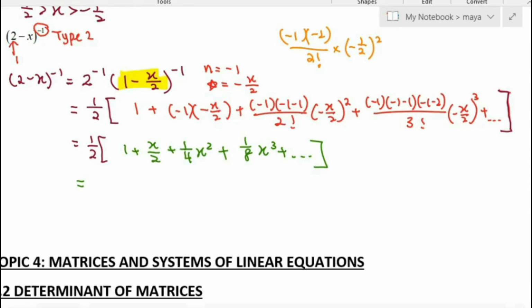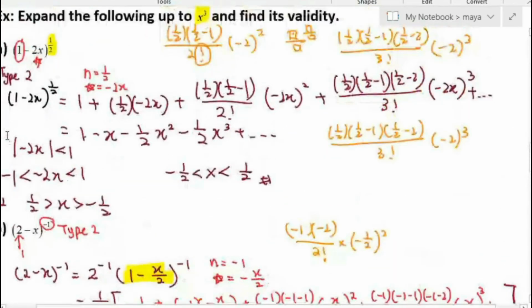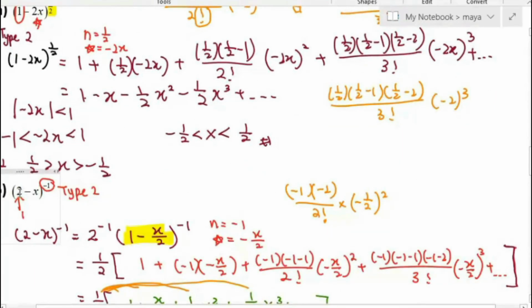Multiply in your 1 over 2 for the first term, second term, third term, and fourth term. So it will become 1 over 2 plus x over 4. So you can see where the question starts with 1 and where the question starts with not 1. This is how you simplify.